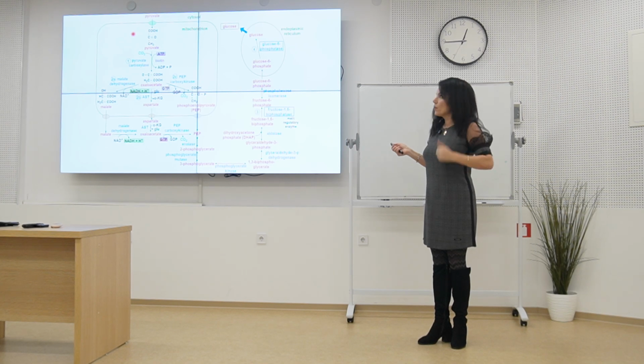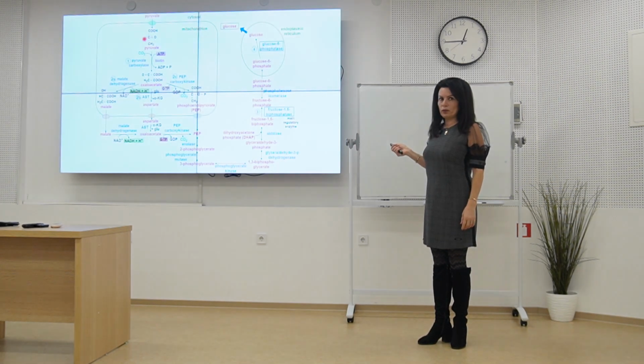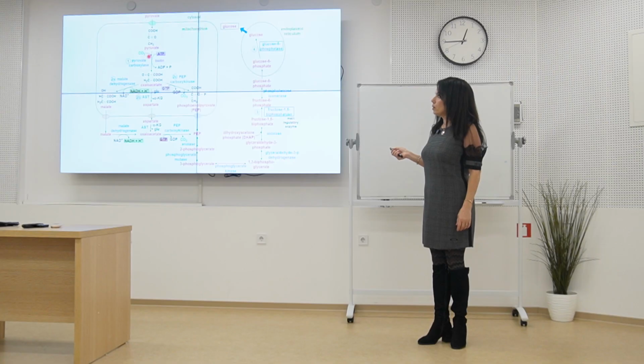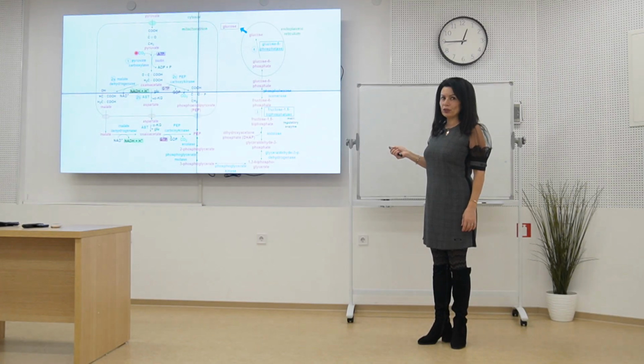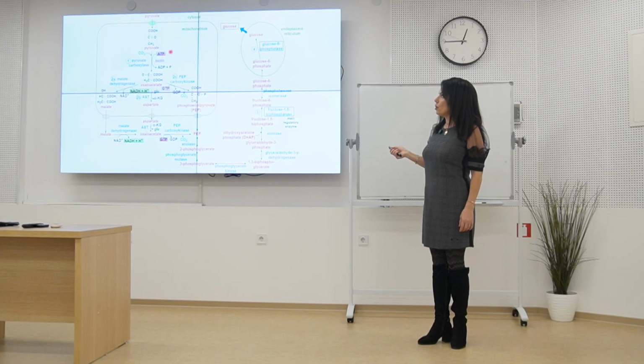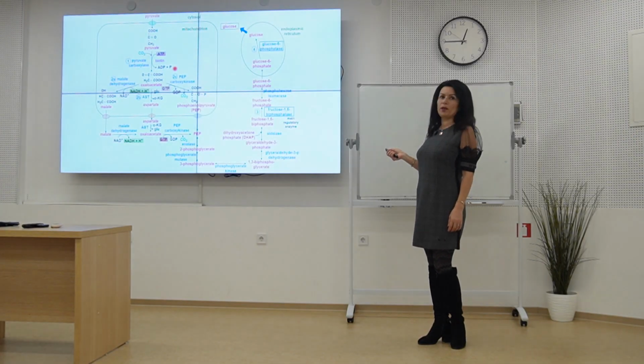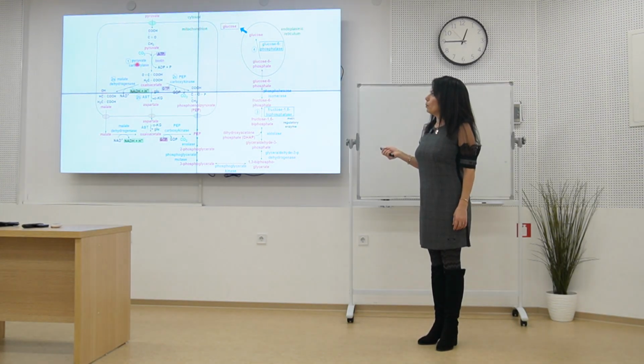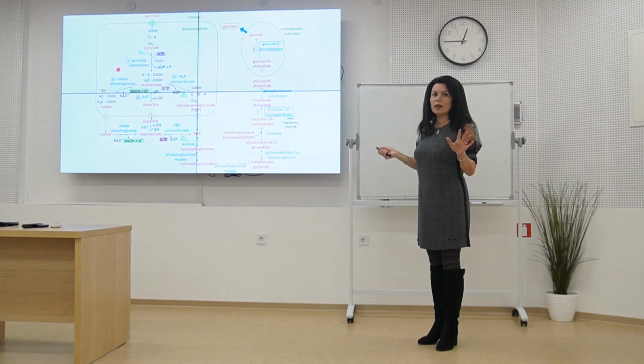For that reason, pyruvate enters the mitochondria, then undergoes carboxylation with biotin as a prosthetic group together with ATP, which is hydrolyzed to ADP plus P. The enzyme name is pyruvate carboxylase, a well-known enzyme. It is an example of a ligase reaction.